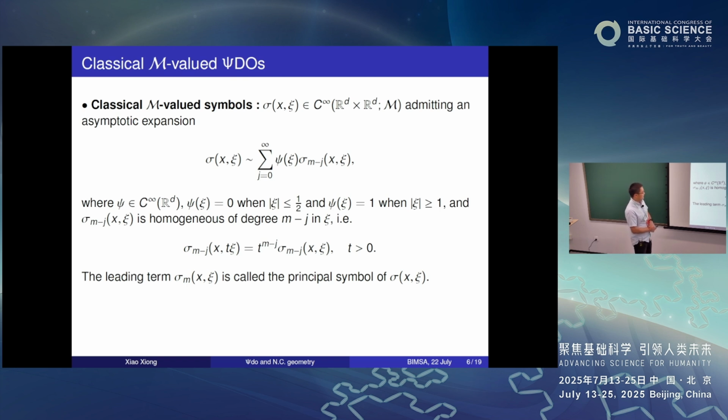Here psi is smooth enough, and sigma on the right hand side is homogeneous with respect to the variable psi. In this case, the leading term, of course the largest term, will be called the principal symbol of the operator.